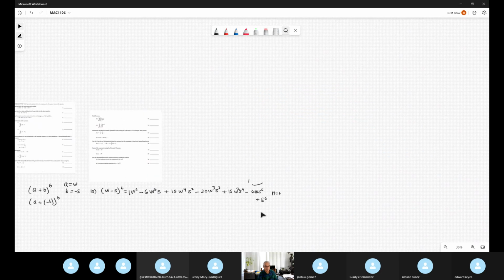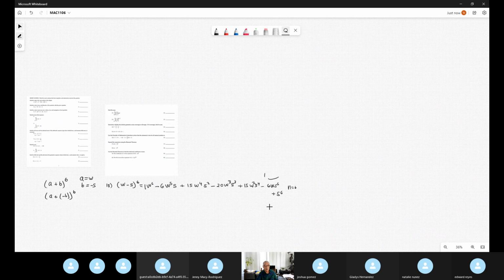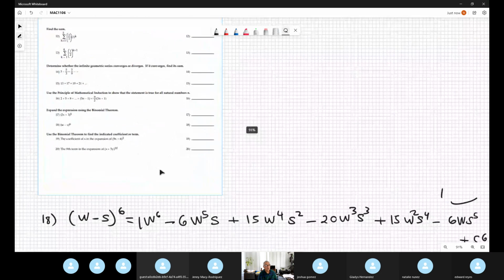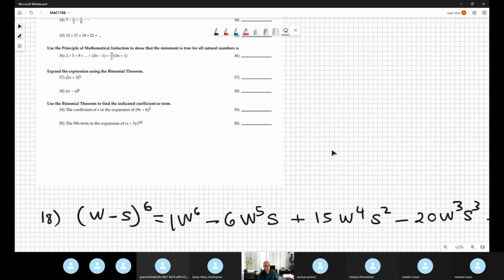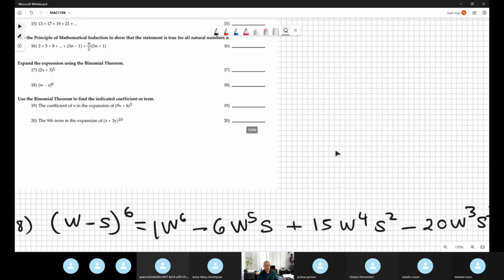Look, the example 19 and 20, it's different. It's not complete expansion. It's find the coefficient of X in the expansion of the binomial 9x plus 6 cubic.